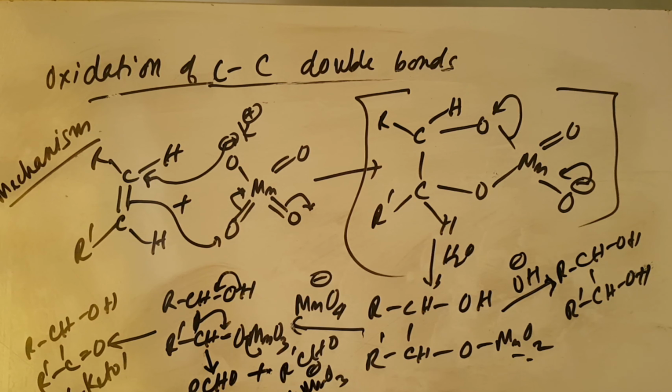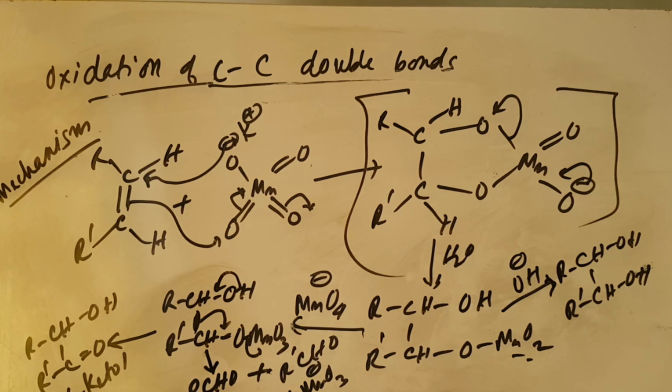In acid solution, the potassium permanganate is reduced to the divalent manganese ion. So a transfer of 5 electrons takes place, from manganese 7 to manganese 2. Similarly, in neutral or basic conditions, a 3 electron transfer takes place, from manganese 7 to manganese 4. So here generally manganese dioxide is formed.